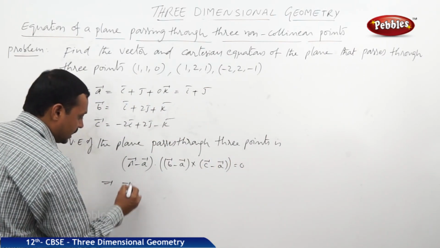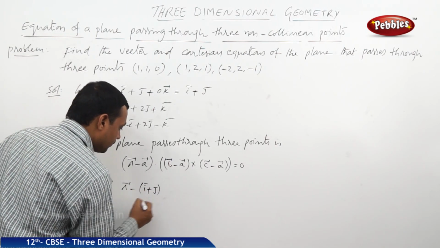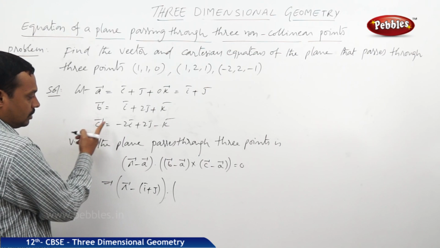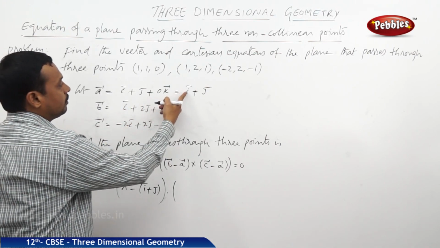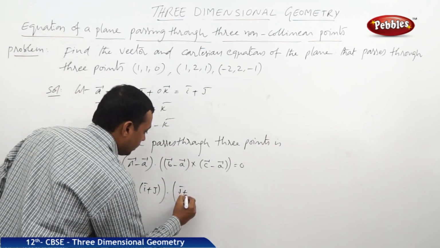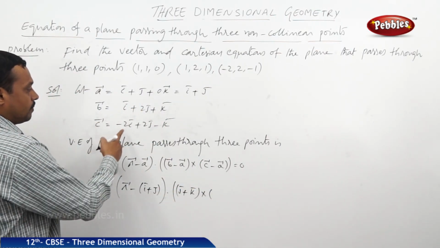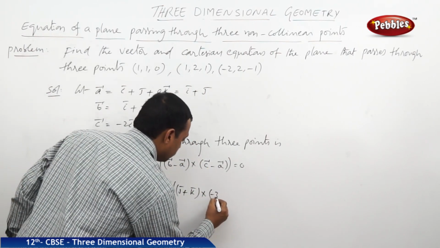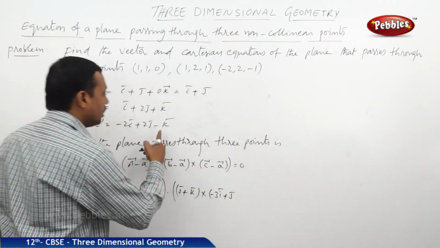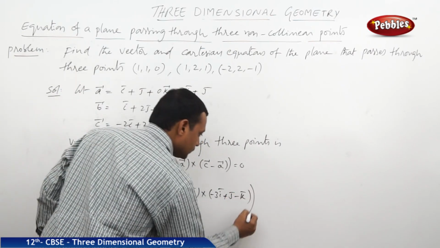That is R minus, what is A vector? i plus j, dot B minus A. What is B minus A vector? i minus i is 0, 2j minus j, that is j plus k, cross C minus A: minus 2i minus i, minus 3i, 2j minus j, plus j, minus k, is equal to 0.